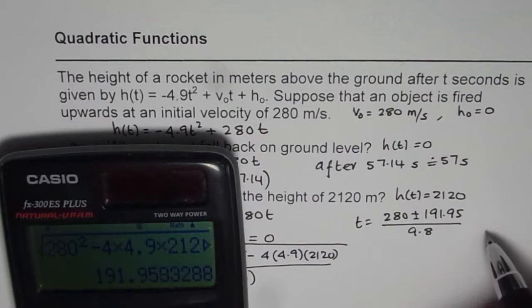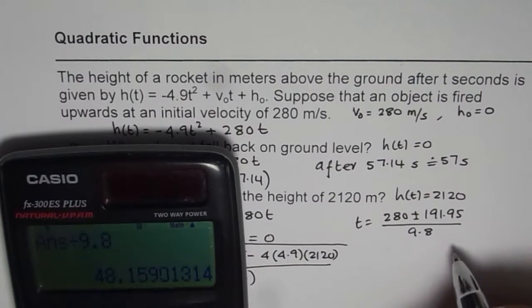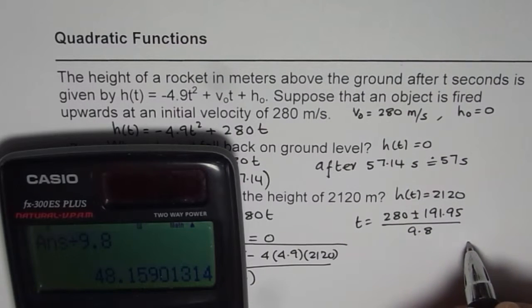So that means while going up it reaches that height, and then while coming down it reaches it again. Let us add: 280 plus 191.95 divided by 9.8, so we get 48.15 seconds.